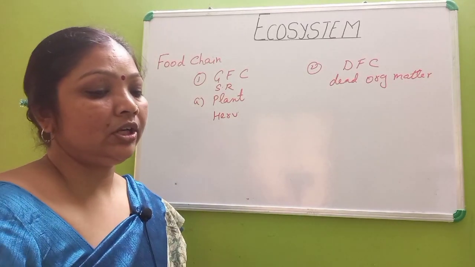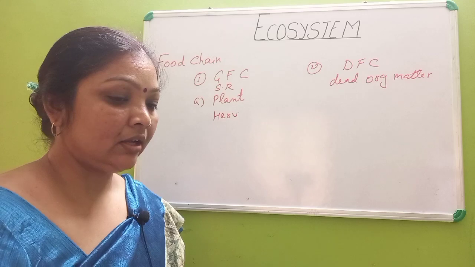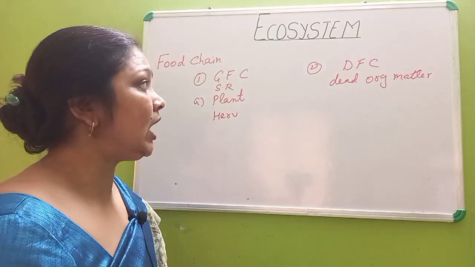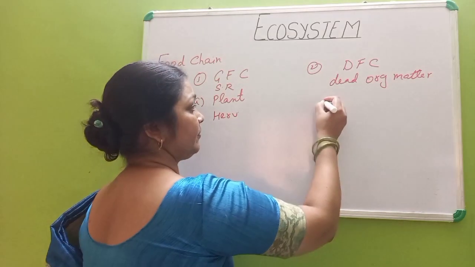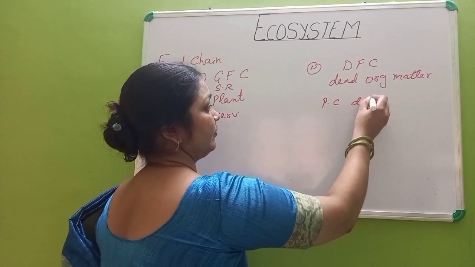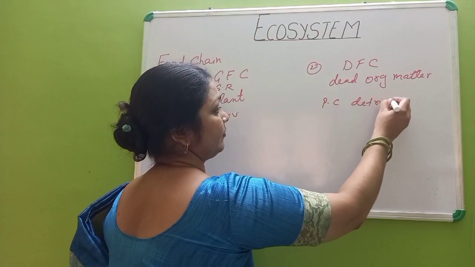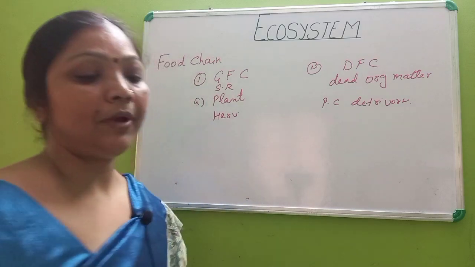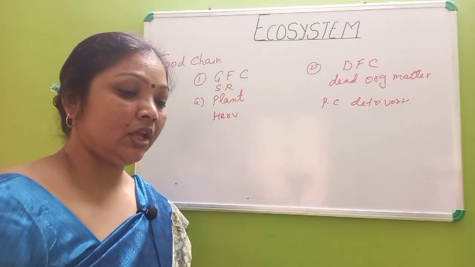The third thing about the detritus food chain is that the primary consumers are detritivores.